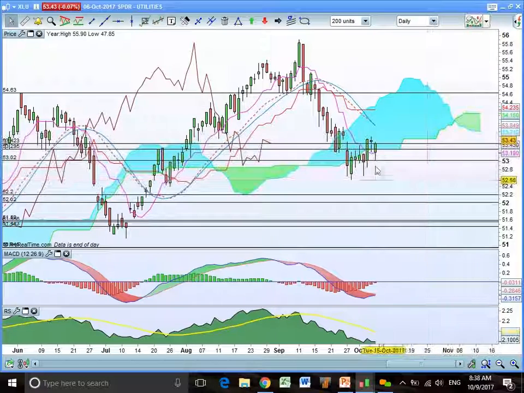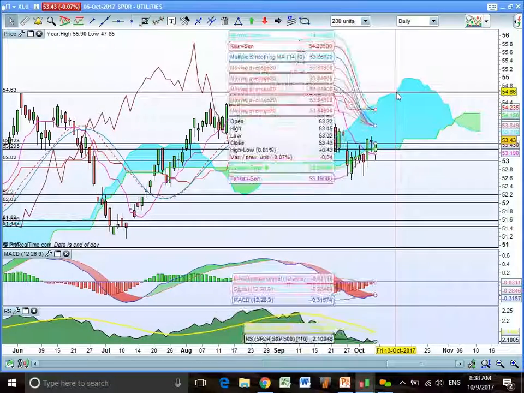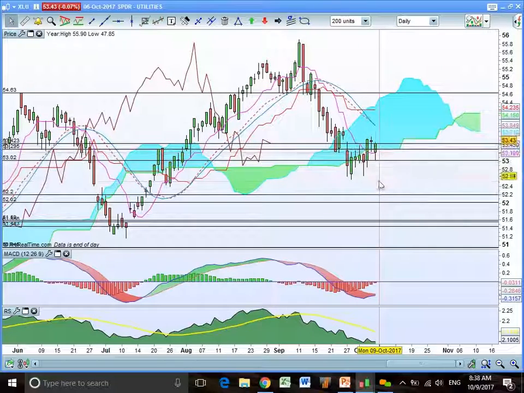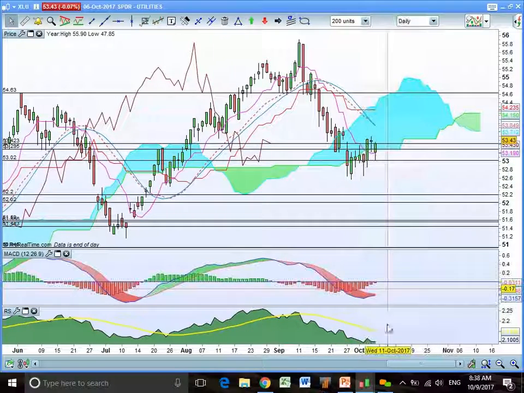So if the market closes below the cloud, we could see further downside to the 52 level, the bottom end of the cloud. But at a critical juncture, is support going to come in? So it's going to continue this rally to the top end cloud chart resistance, or it's going to lose support at the bottom end of the cloud and then collapse through to all cloud chart support levels. So we have an inflection point for this market, the Utilities ETF, this coming week.